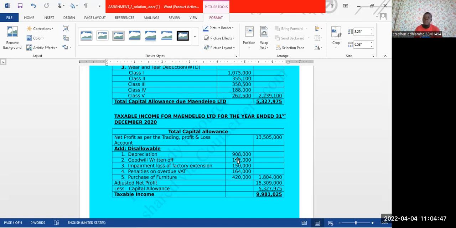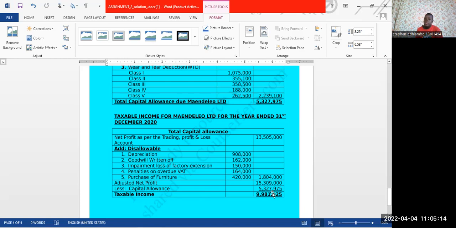So for this case, we have our net profit 13,505,000, disallowable expenses, you add all that sum up to 1.804 million, then we have adjusted net profit. So if you take net profit minus disallowable, you are supposed to be getting adjusted net profit, which is here. And what will you less here? Capital allowances.